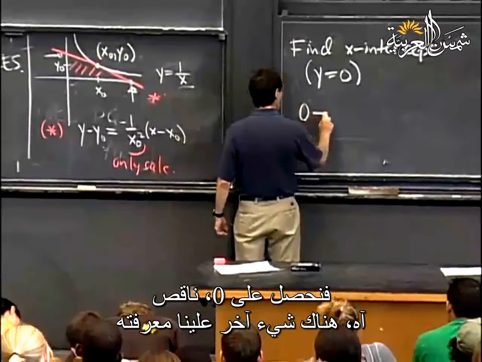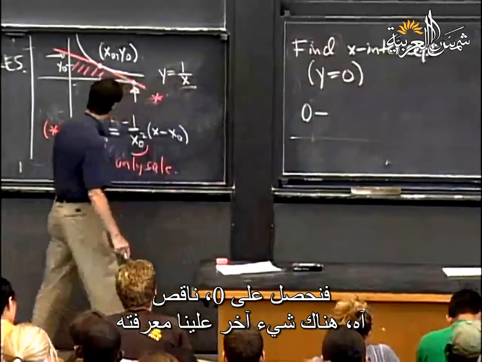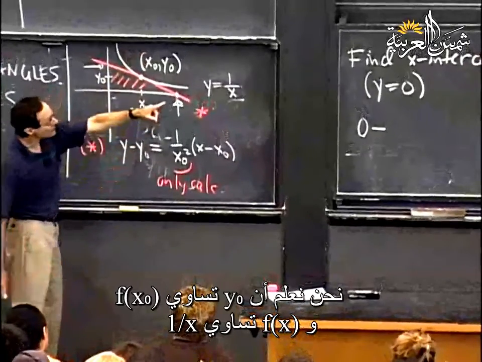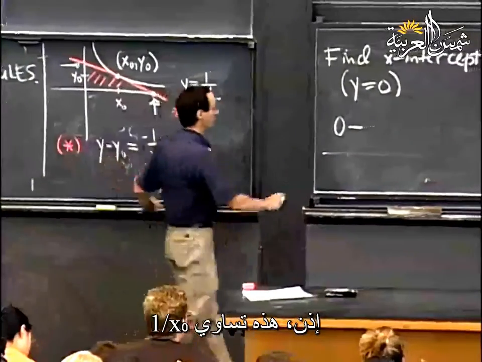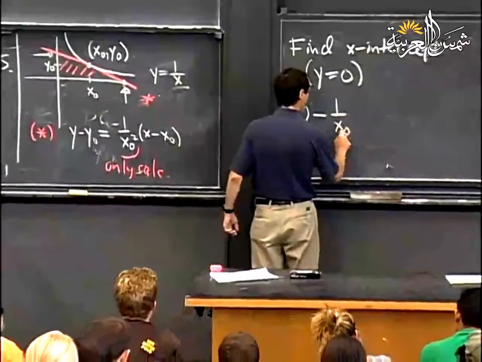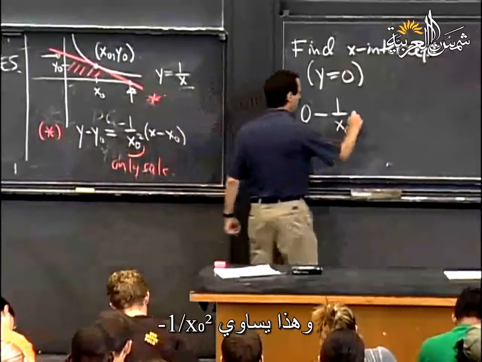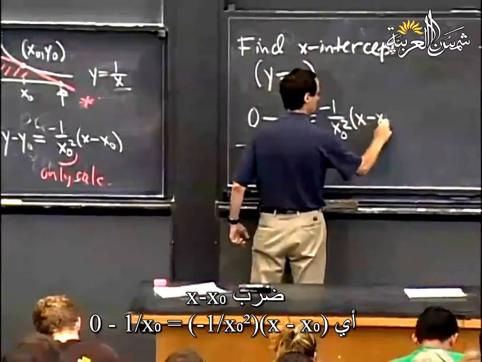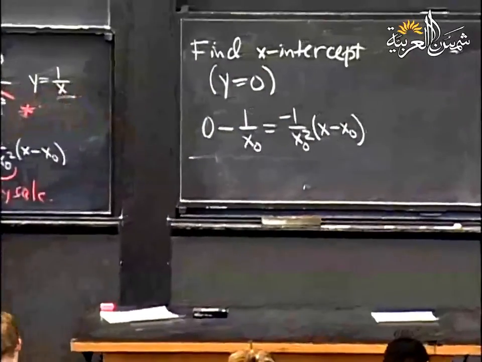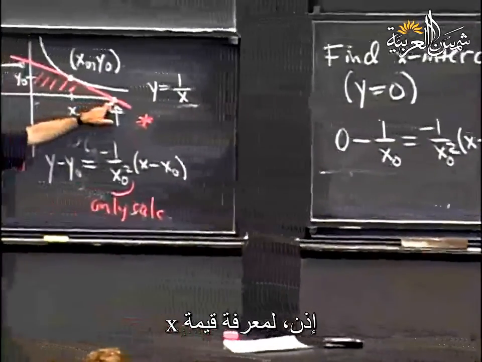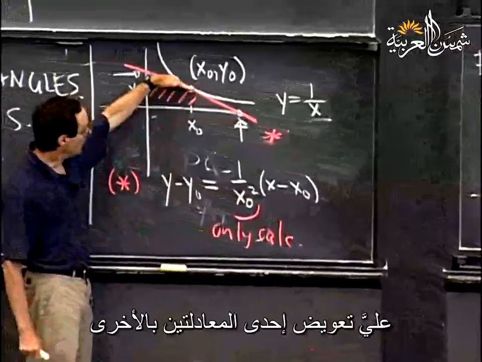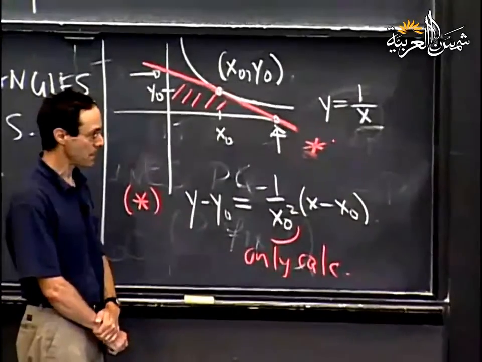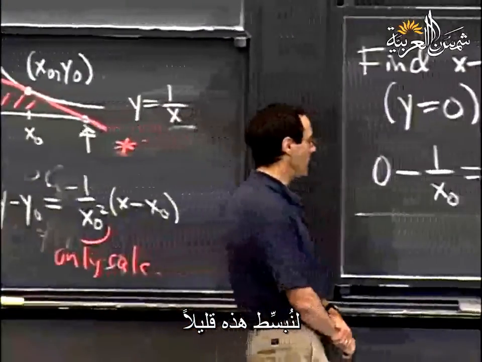So we get 0 minus, one other thing we need to know. We know that y0 is f of x0, and f of x is 1 over x. So this thing is 1 over x0. Right? And that's equal to minus 1 over x0 squared, and here's x, and here's x0. All right? So in order to find this x value, I have to plug in one equation into the other. So this simplifies a bit.